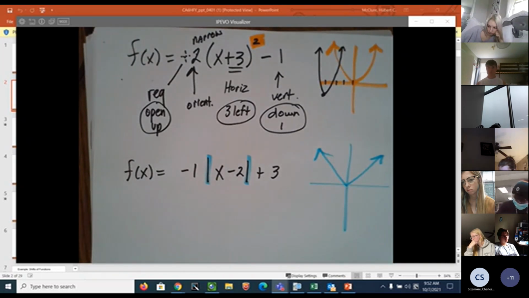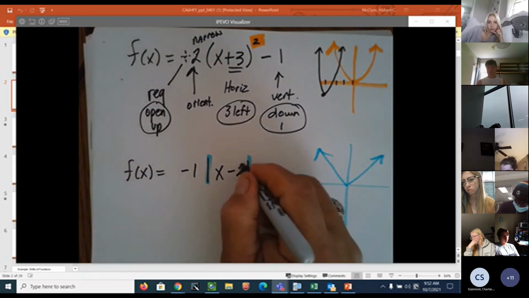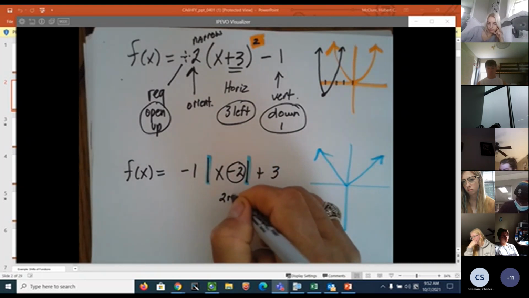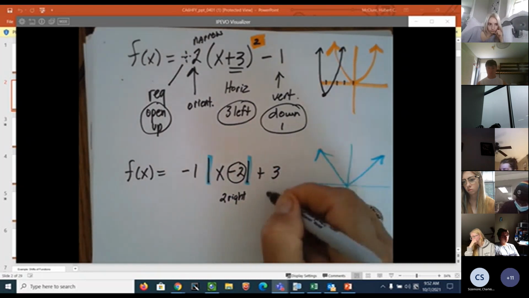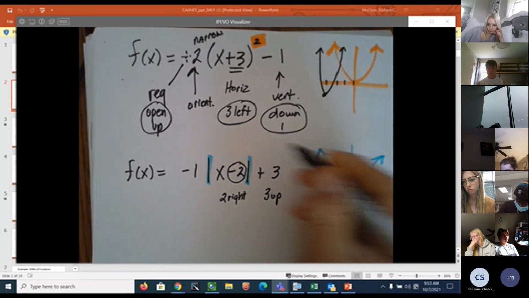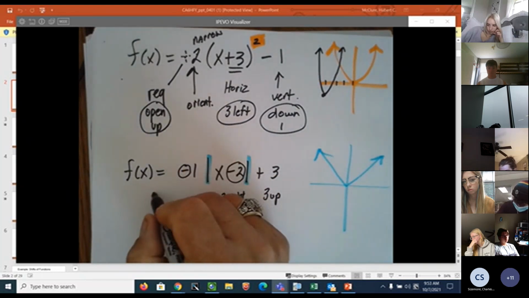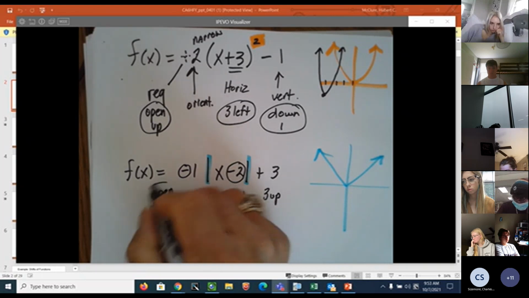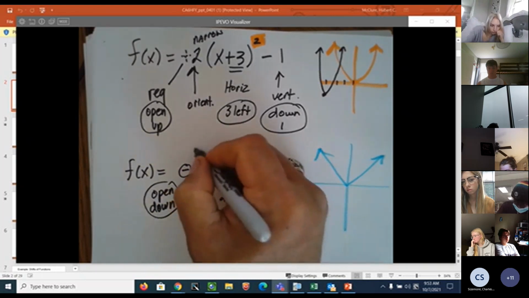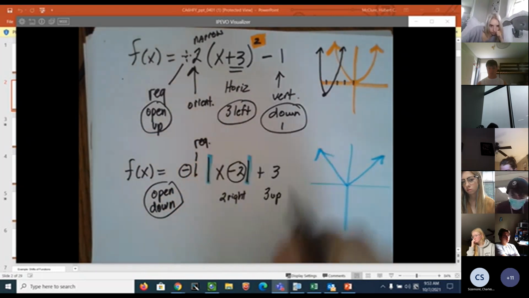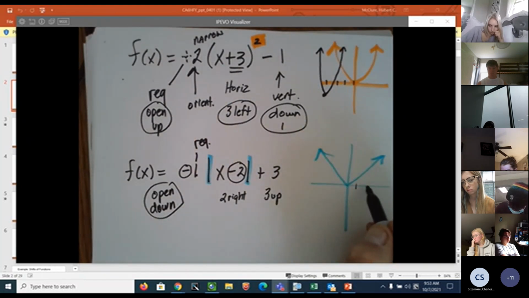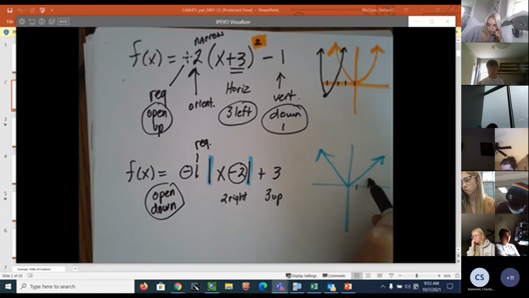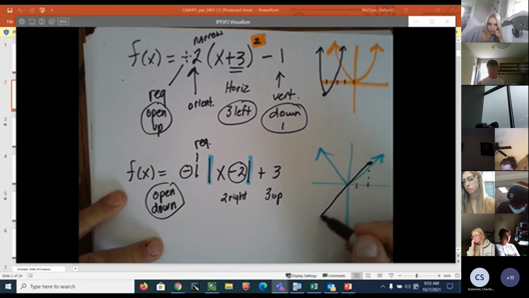So you've got a horizontal shift of 2 to the right and 3 up. The negative tells you it's opening downward. And the 1 tells you it's regular, it's not narrow or wide. So 2 to the right, 1, 2, 3 up, 1, 2, 3, and it opens down.